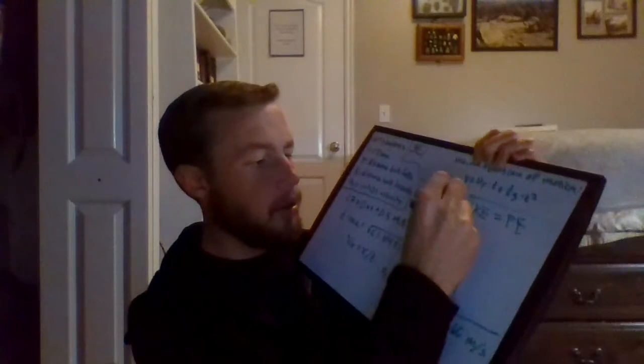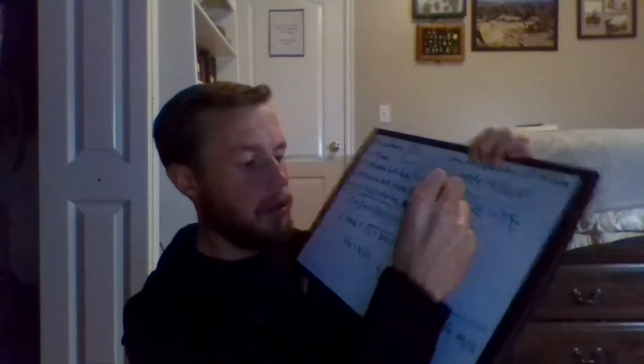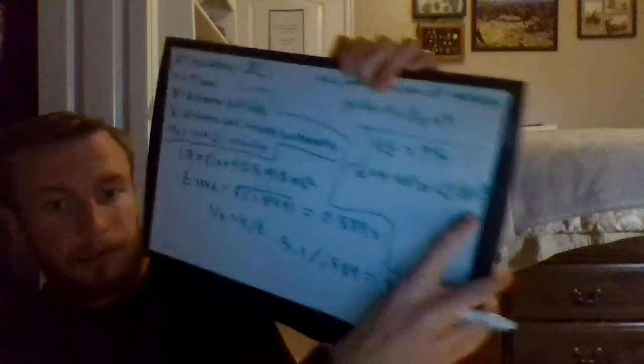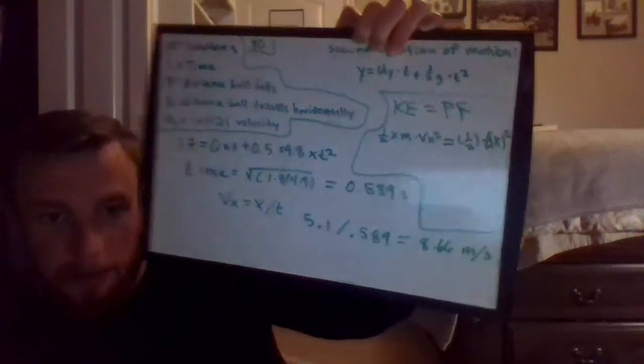So we can go 1/2 times m times v of x squared equals 1/2 times k times delta x squared. Okay. And then delta x is the compression of the spring.